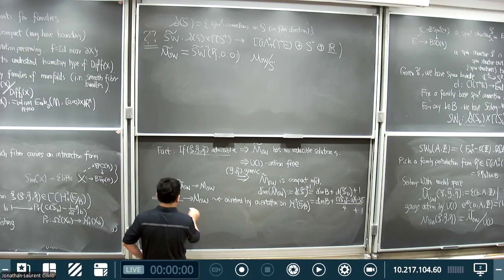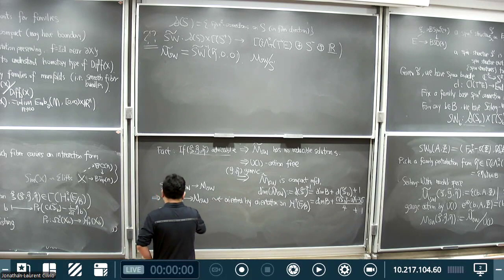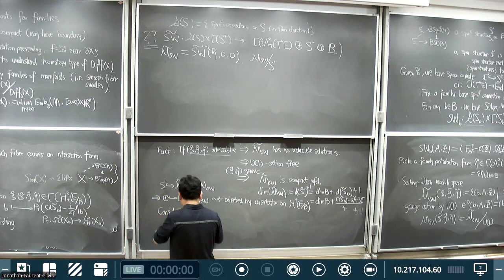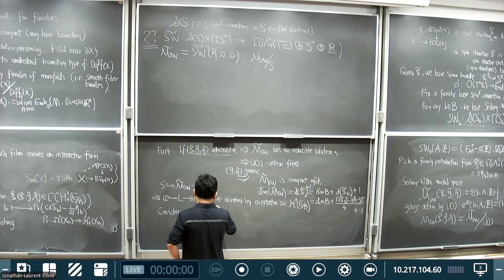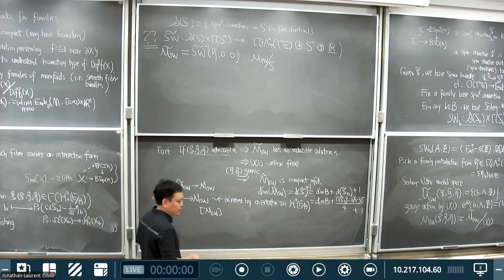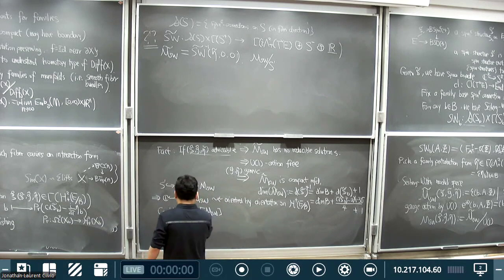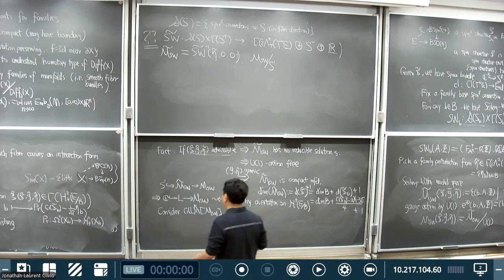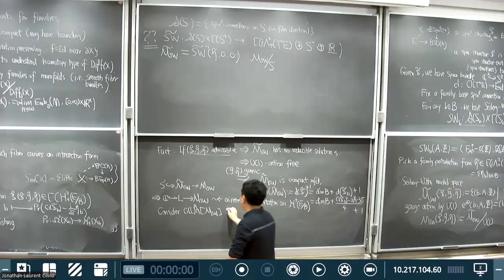Then one thing we can do is the following. Consider the fundamental class of this MSW. This is a homological class, and we can take a direct product with E1 L of K. So this will be our homology.